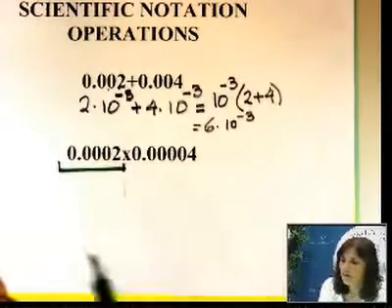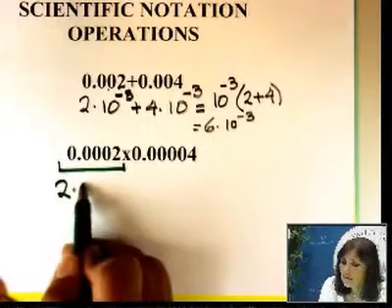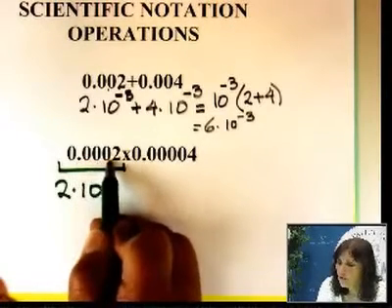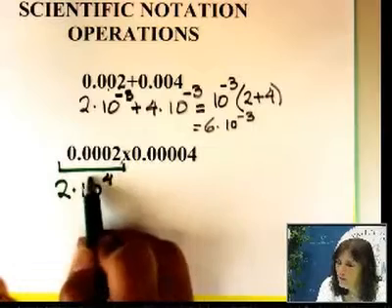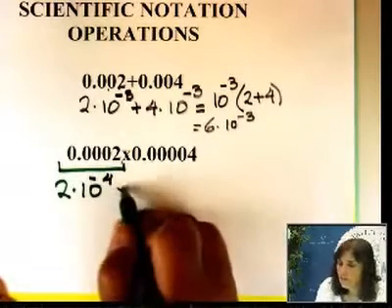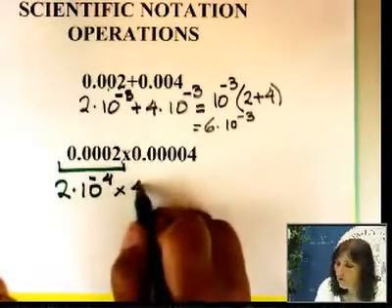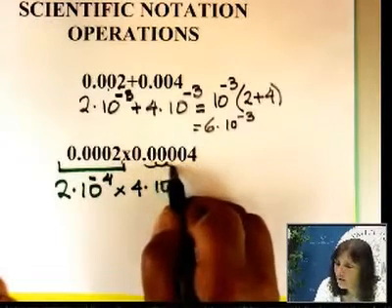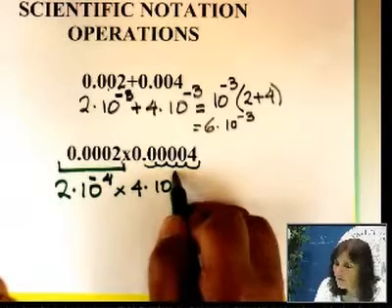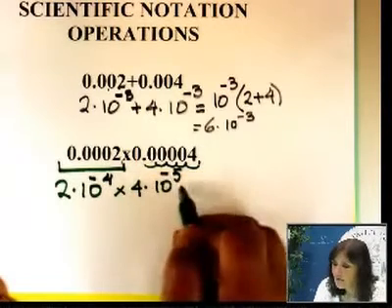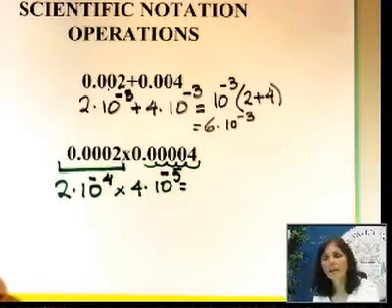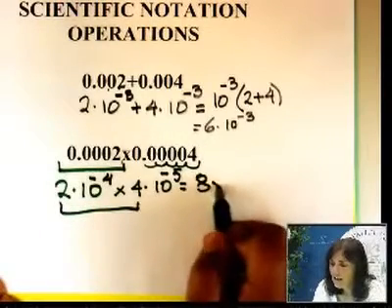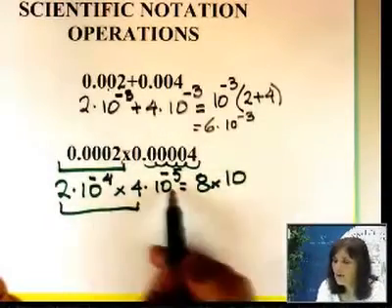Let's try this one with scientific notation. What is this one? It's 2 times 10 to the, so let's count 1, 2, 3, 4, negative since this is a small number, times 4 times 10 to the, let's count 1, 2, 3, 4, 5, so that's negative because it's a small number. Guess what? I can multiply these two, that's 8, and I can multiply the powers of 10.